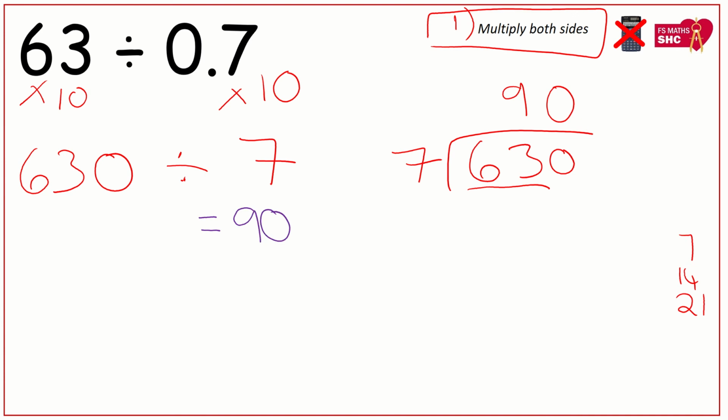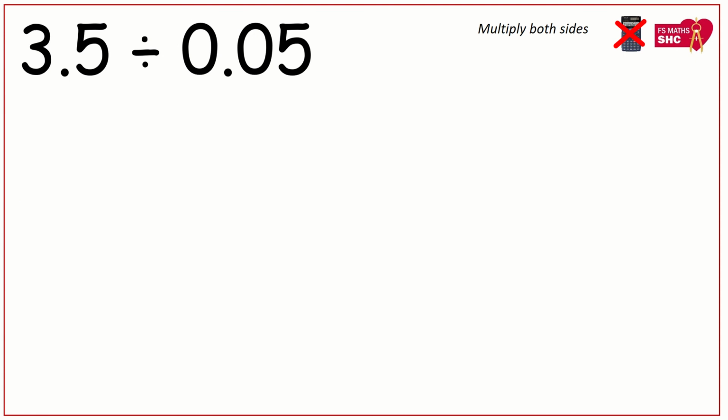Well, so does 63 divided by 0.7. That also equals 90 as well. So multiply both sides. You can do it by 10 each time if you want. Make sure that decimal point is gone, and then the division, and then solve the question. Let's try another one. 3.5 divided by 0.05.